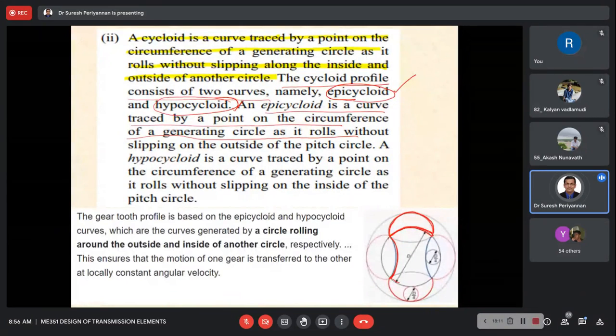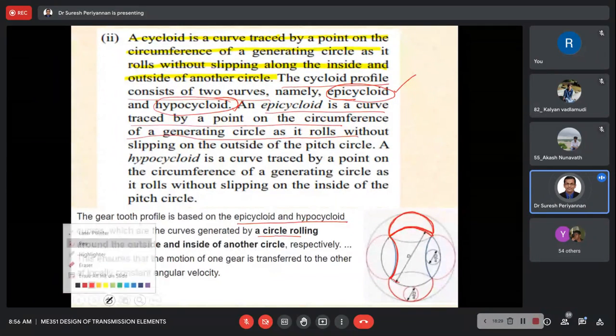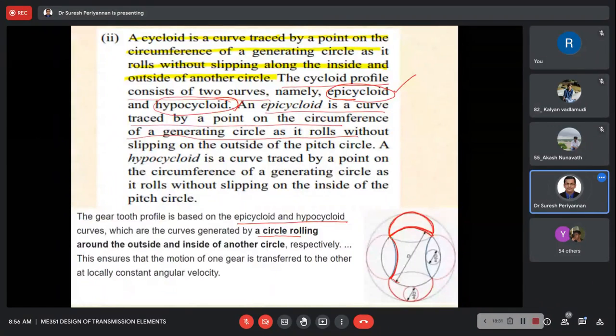Now, see here, the gear tooth profile is based on the epicycloid and hypocycloid curves, which are curves generated by a circle rolling around the outside of the circle, that is the epicycloid, and around the inside of another circle, that is the hypocycloid, in the gear design.